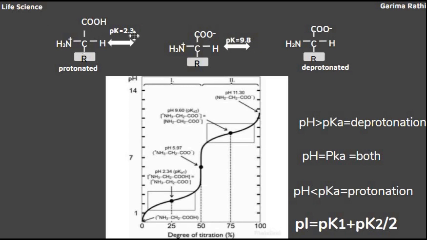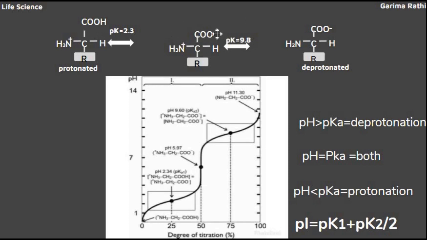Then what will be the net charge on these amino acids? At a low pH value, all the amino acids are present in the protonated form, the amino group has an extra proton, and so they will carry a +1 charge. What will be the net charge in that phase? That is +1. On proceeding further, in the zwitterionic form, what will be the net charge?